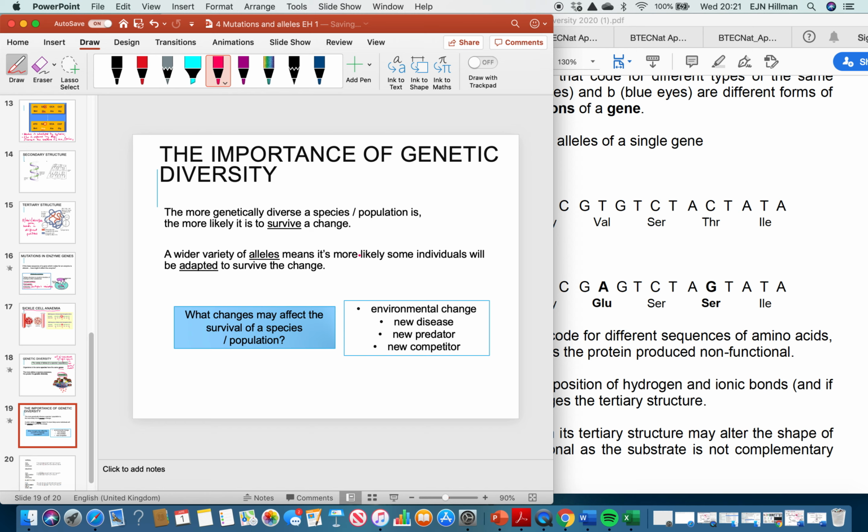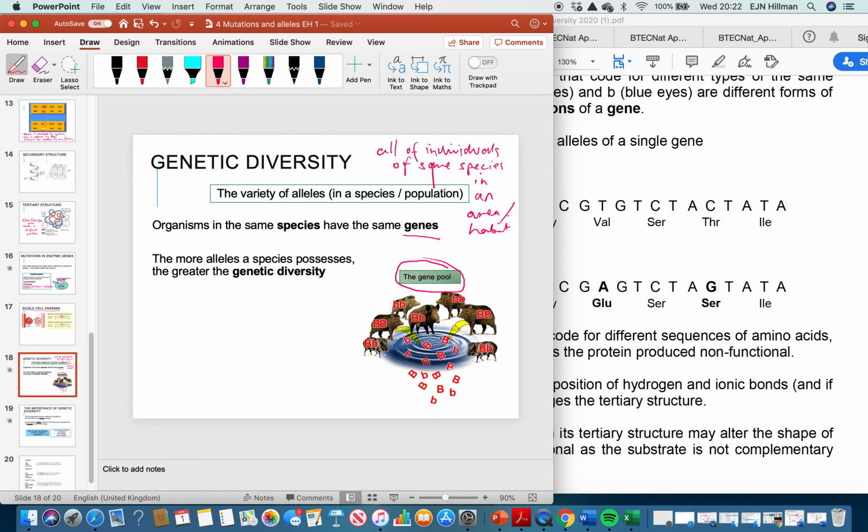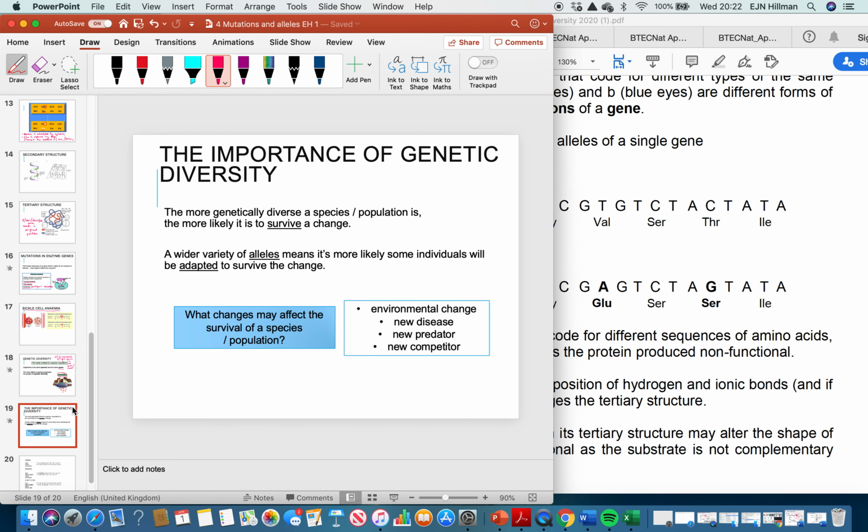Okay, and that is important. So this genetic diversity is important because a more genetically diverse species or population is more likely to survive a change, because it's likely that within that population there are some individuals which have alleles which favour perhaps environmental change, and whilst others don't have those alleles, the ones that do have a selective advantage, they can survive, they can reproduce more often, pass on their alleles.